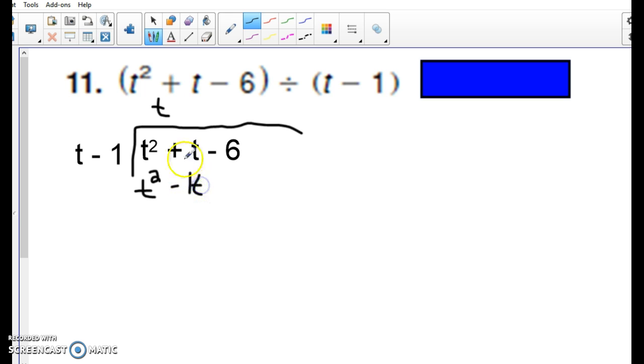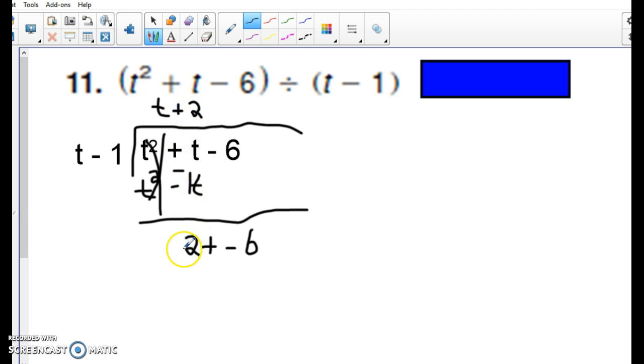And then just like dividing, I need to subtract here. So I have t minus negative 1t, which is going to give me 2t minus 6. Again, from t to get to 2t, that means I need to multiply by 2.